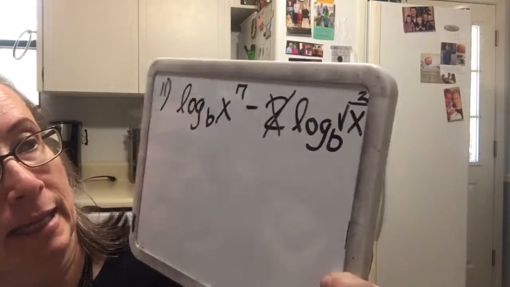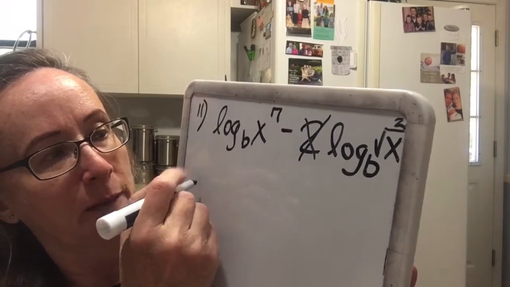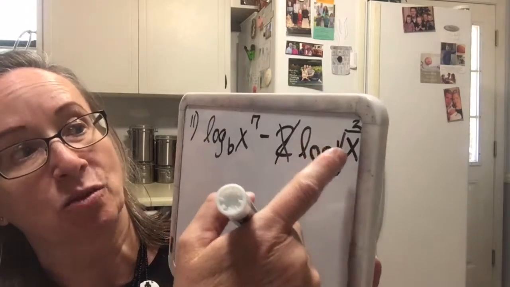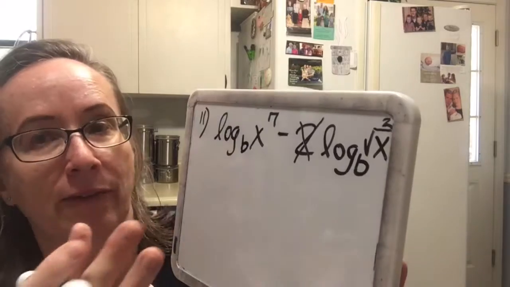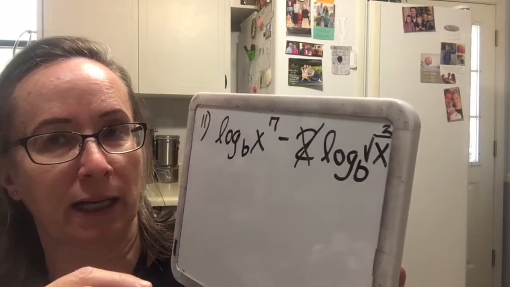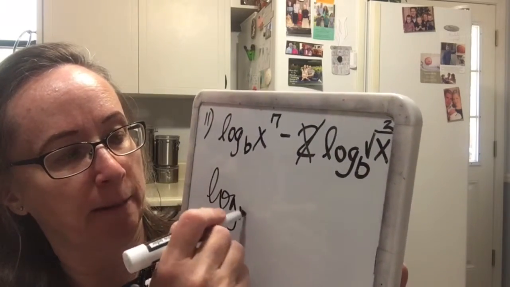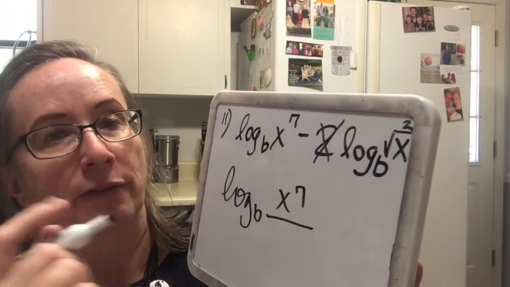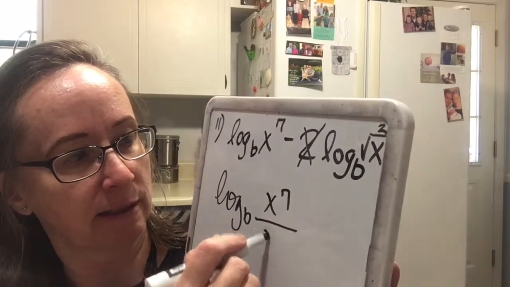Okay, and then when we write it, now we have log base b of x to the 7 minus log base b of the square root of x squared, which is just going to end up being x. So now that it's a log base b minus a log base b, we can turn around and write it as a quotient. So we'll have log base b of x to the 7 over the square root of x squared, which is x.